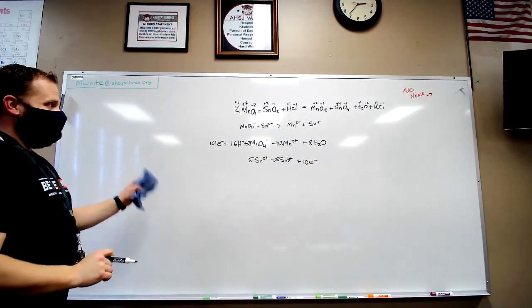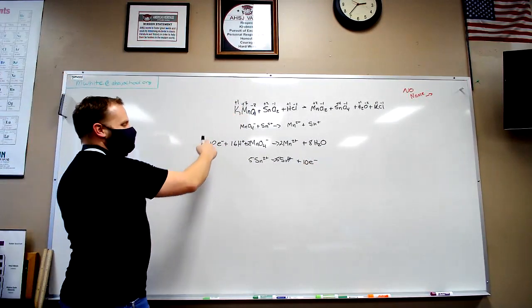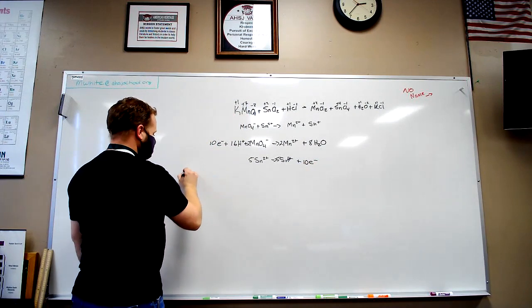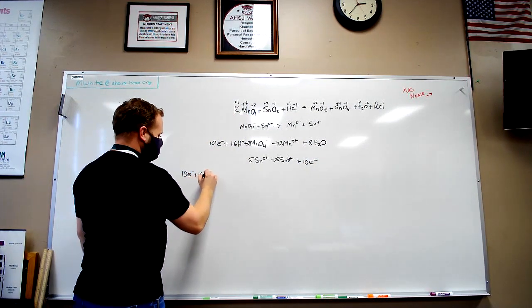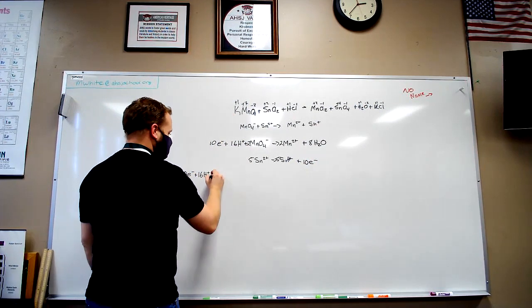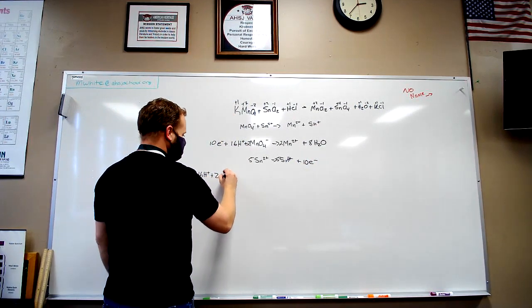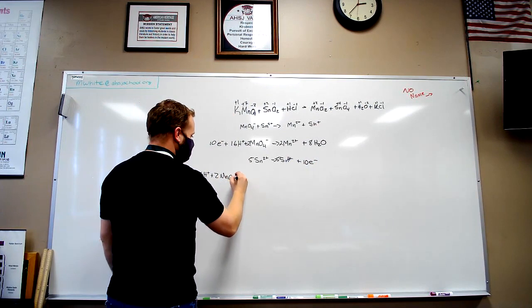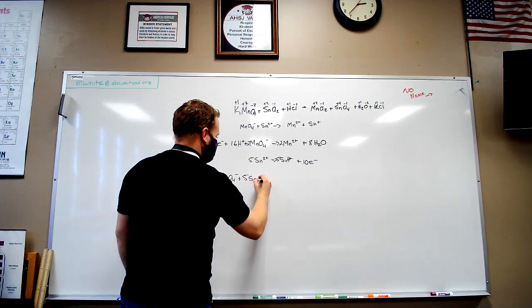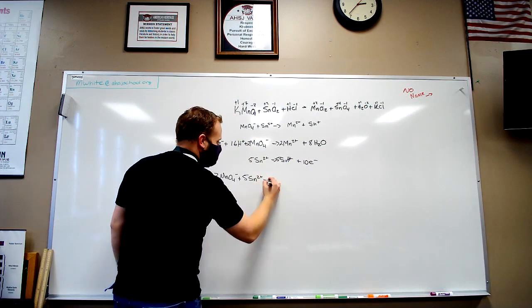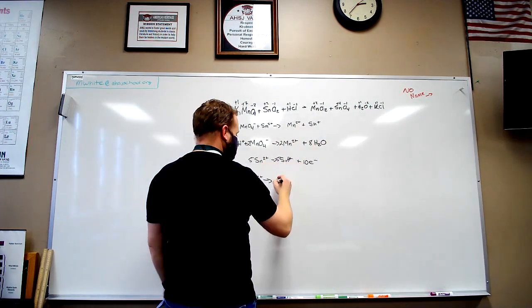So now we add these together. So we have 10 electrons plus 16H plus 2 NO4 minus plus 5, 10. We add everything over here.